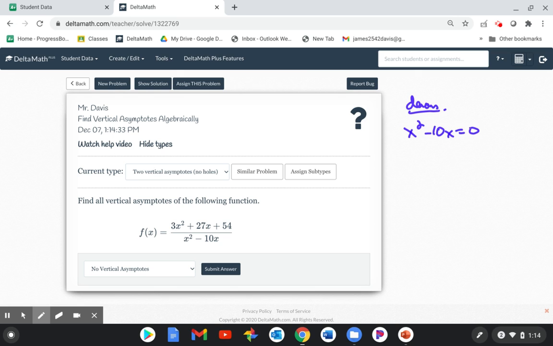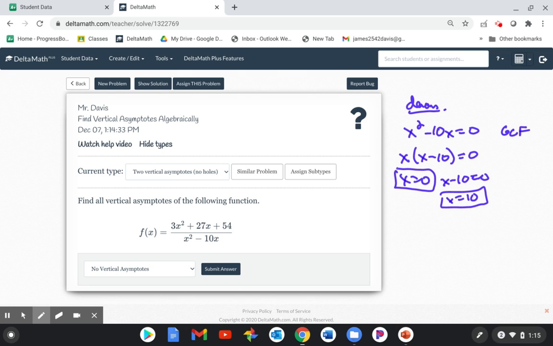This one, since it's only 2 terms, you're not going to do 2 sets of parentheses. Whenever you see 2 terms, think GCF. So we pull out an x, and we're left with x minus 10. So then we have x equals 0, x minus 10 equals 0. So we get 0 and 10. Those are our 2 possibilities.